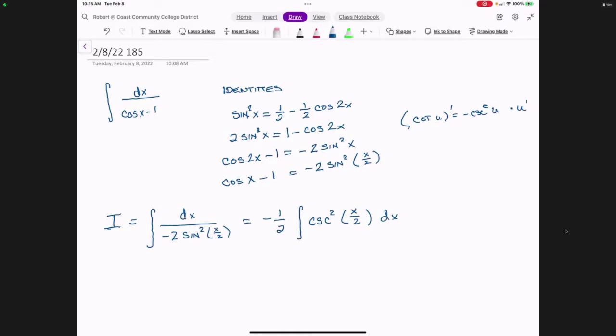So what this is, I believe, is just the cotangent of x over 2, because the derivative of that is going to be negative cosecant squared times the whatever.